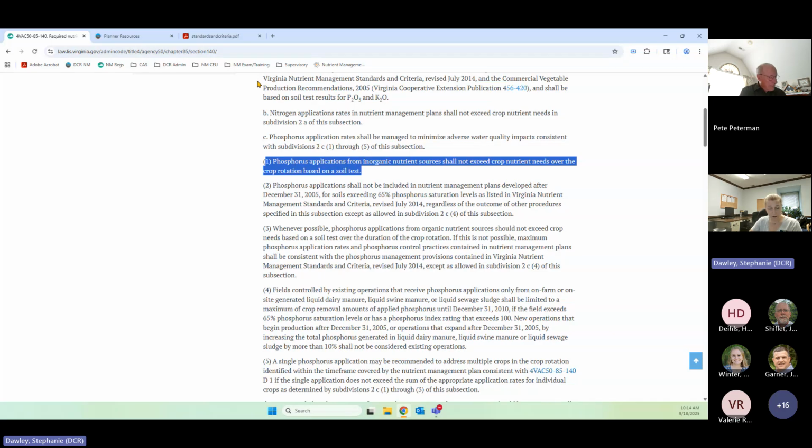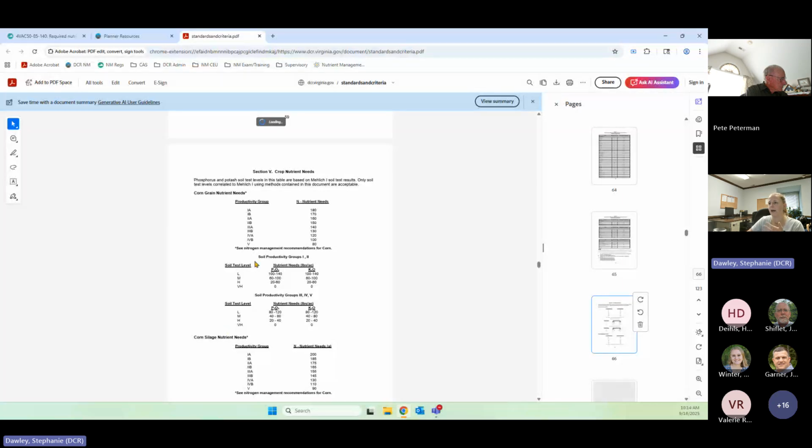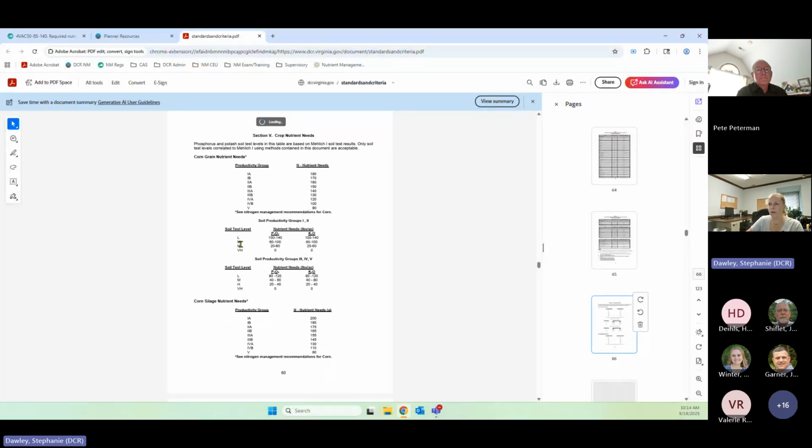Really, if you're buying fertilizer, why pay more for a product that is not going to have any impact on your crop yield? For example, if you have a field that is medium plus, where you need 80 pounds of P2O5, then you would only apply 80 pounds of P2O5 for your commercial fertilizer. You would not be applying over that rate.